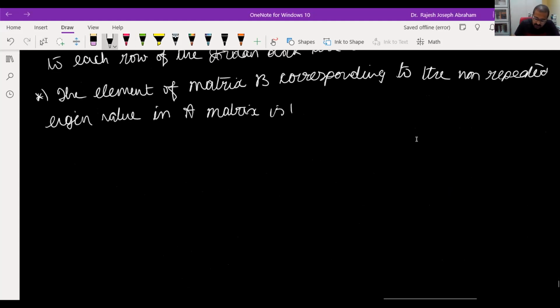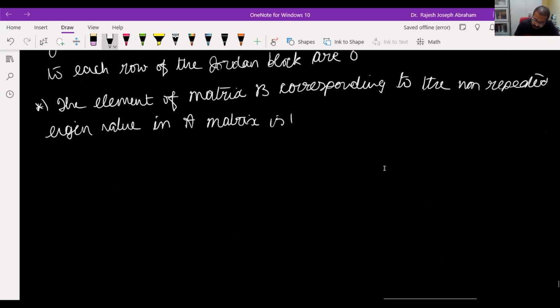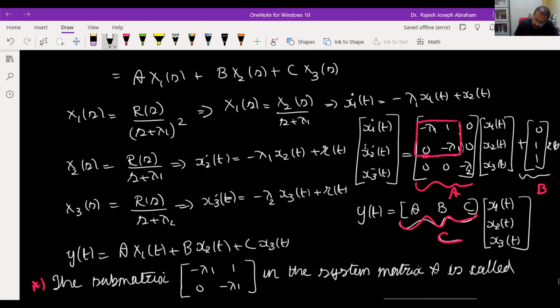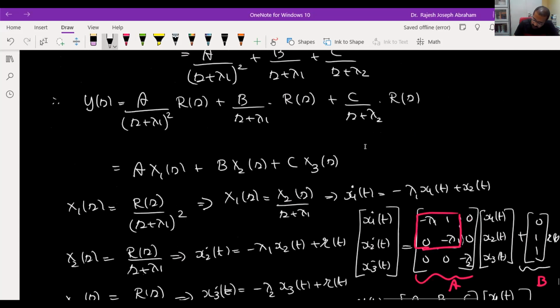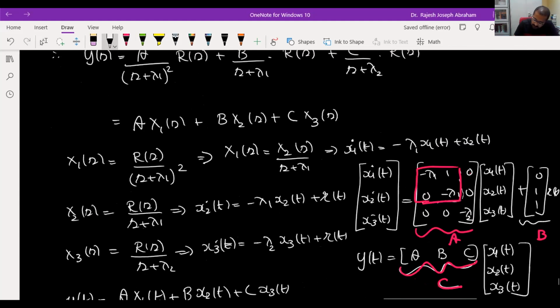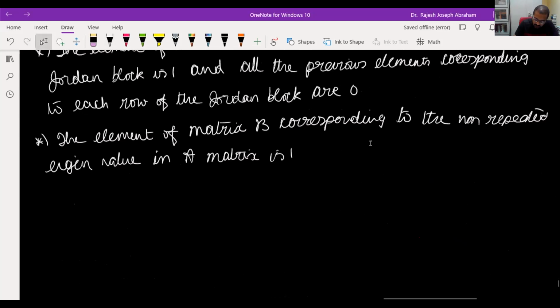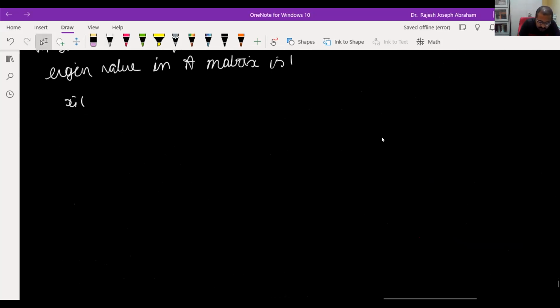Now let us draw the state diagram for this representation. So what are the equations? x1 dot is minus lambda 1 x1 plus x2.